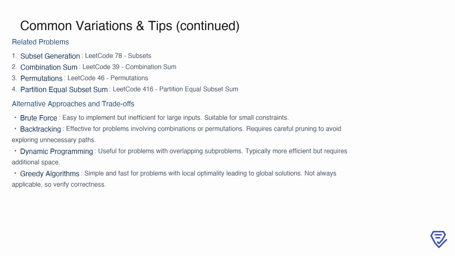Dynamic programming is an excellent choice for problems with overlapping subproblems, offering better efficiency at the cost of additional space. Finally, greedy algorithms can be quick and simple when local optimality leads to a global solution, but they're not always applicable, so it's crucial to verify their correctness. Choosing the right approach often involves weighing these trade-offs based on the problem's constraints and requirements.